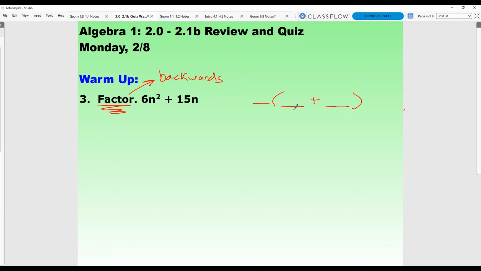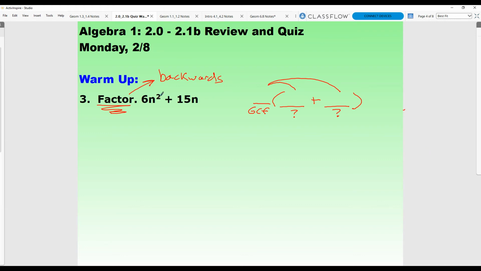We're trying to fill in these blanks. We want to know what this was out here, which is going to be your greatest common factor between these 2 terms, because your greatest common factor will sit out here, and then it gets multiplied by everything inside of here to make that answer. That's what I mean by working backwards.